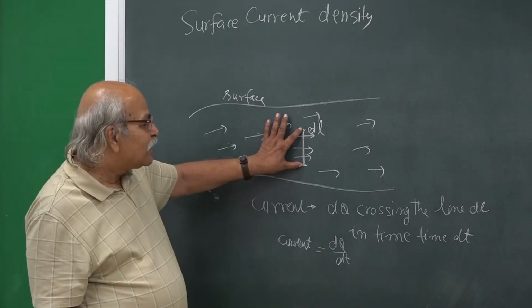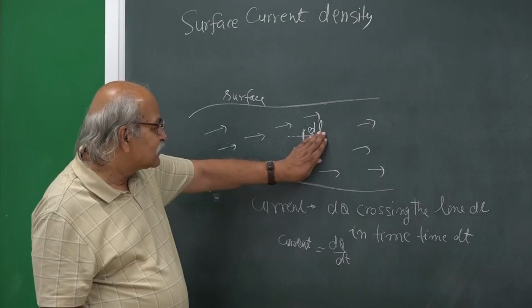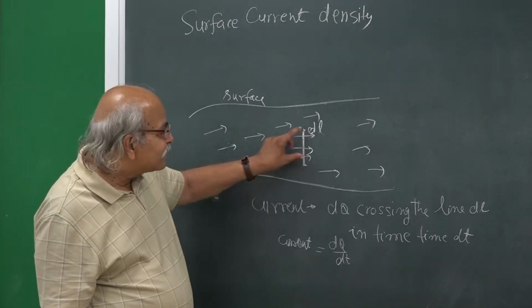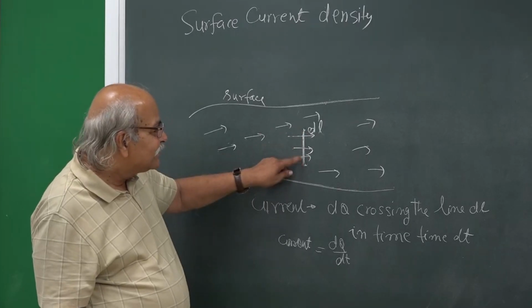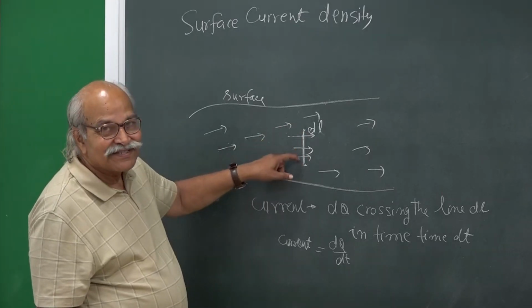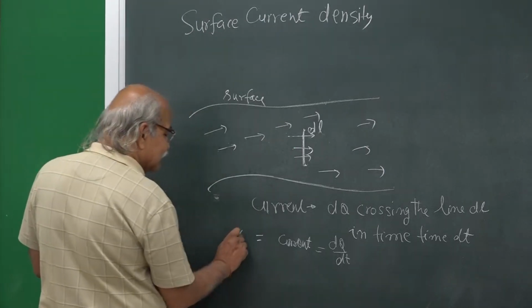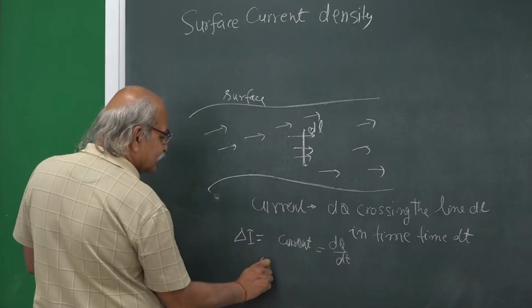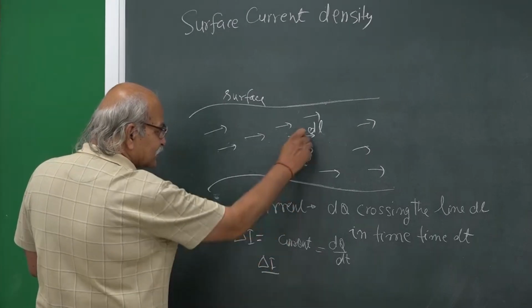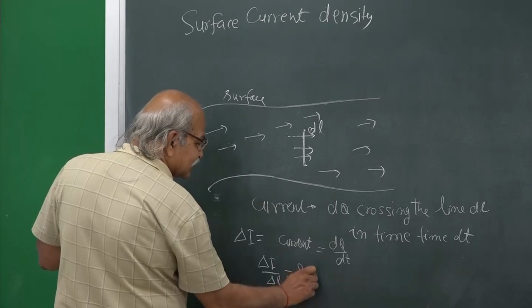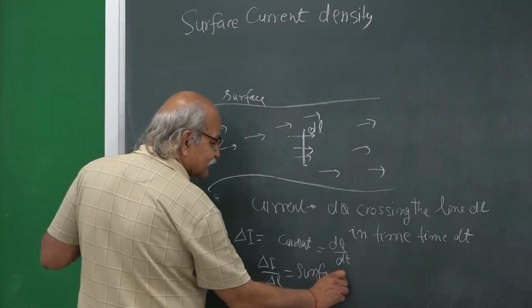Total how much charge has gone from this side to this side per unit time, that is the current, and that current divided by this length dl is known as surface current density. So, if this current is delta I, then delta I divided by this dl or delta L will be known as surface current density.